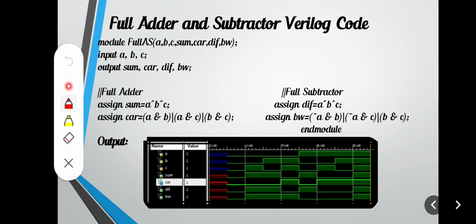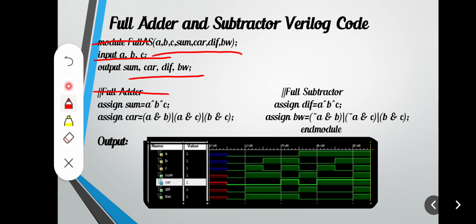And this is the Verilog code for full adder and subtractor, and this is the module name, and these are the input and output variables. A, B, C are the input variables, and sum, carry, difference, and borrow are the output variables.